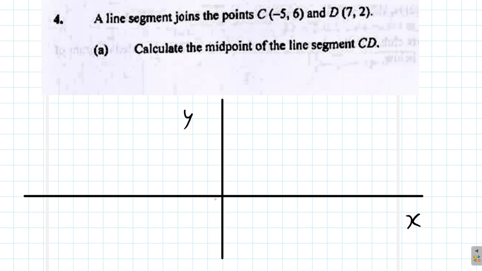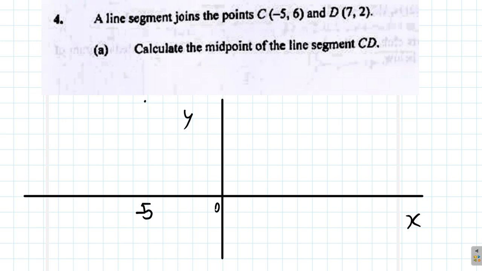Now (-5, 6). So our 0 is here, and we have negative 5. So 1, 2, 3, 4, 5. Good. And 6, we go 1, 2, 3, 4, 5, 6. So our 6 is up there.